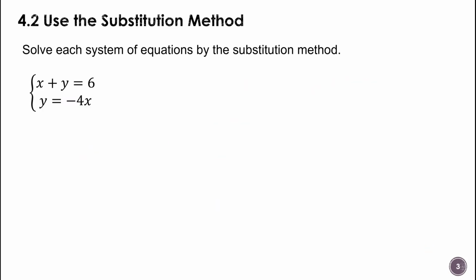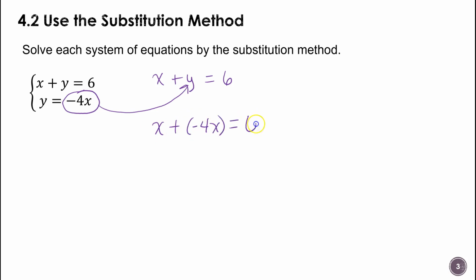All right, so next, notice that my second equation is solved for y. Y is equal to negative 4x. So I'm going to replace y in the other equation, that first one, with a negative 4x. So when I do that, then I only have x's, and I can solve for x and then use that x to find y. All right, so I have 1 and negative 4, so that's negative 3x equals 6.